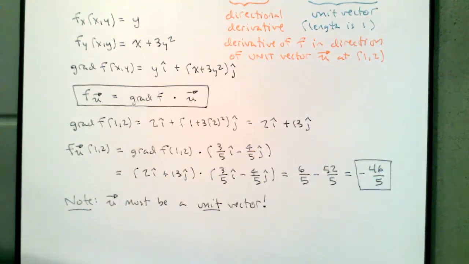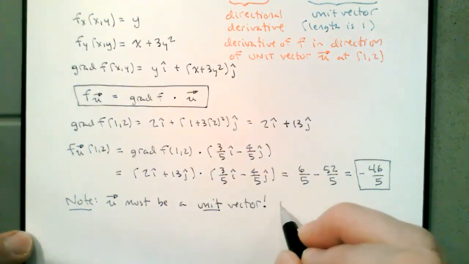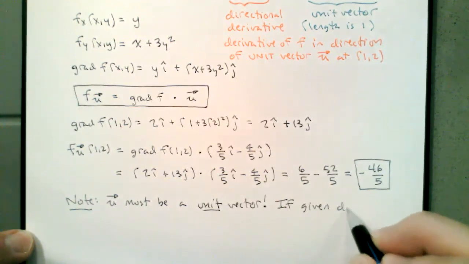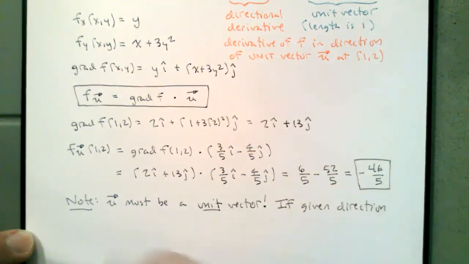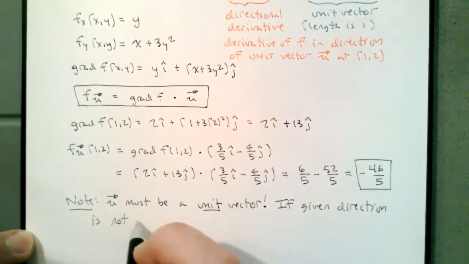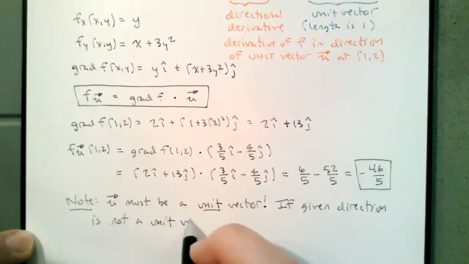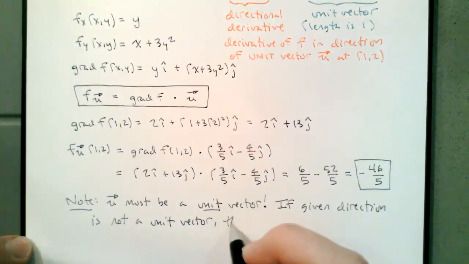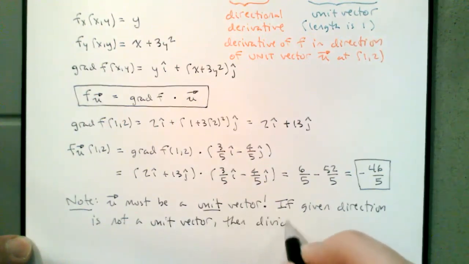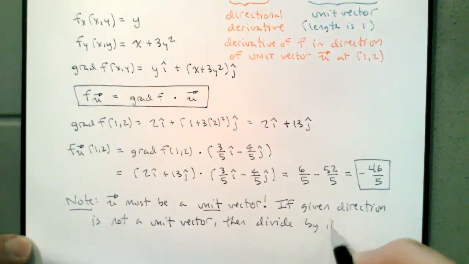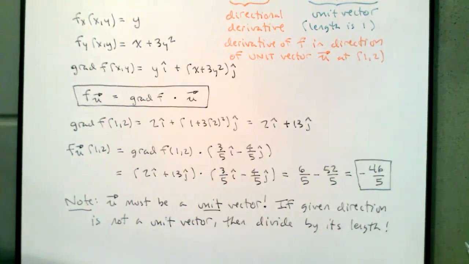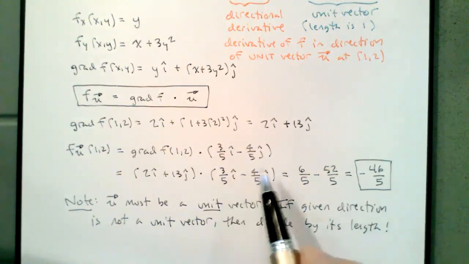If you're not given a unit vector, you have to divide by the length to make it a unit vector. If your given vector is not a unit vector, then divide by its length, so that you can get a unit vector for your dot product calculation.